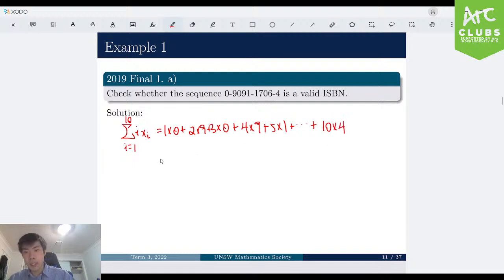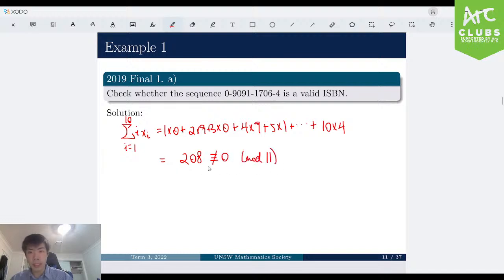Let's go ahead and calculate what this is equal to. We get 1 times 0 plus 2 times 9. Let's do this quickly in the calculator. Okay, and we end up with 208. Now 208, you can check in a calculator, would not be congruent to 0 mod 11.